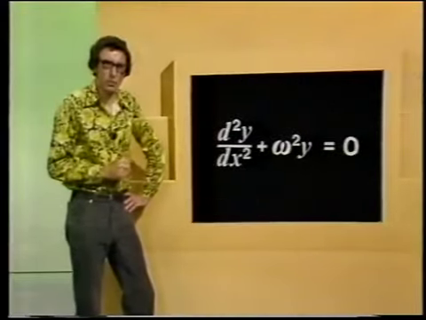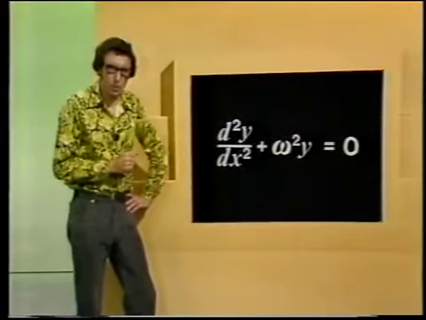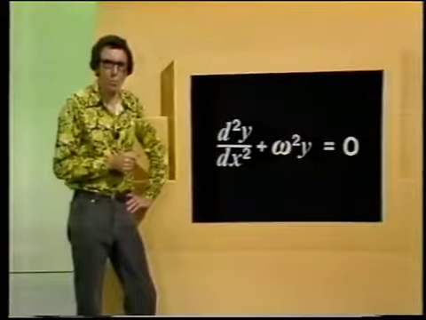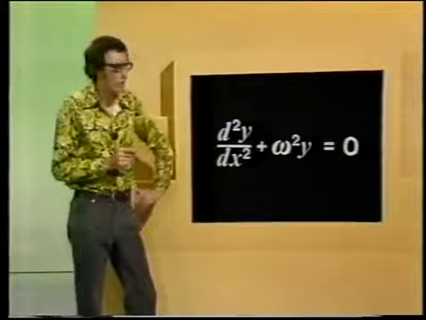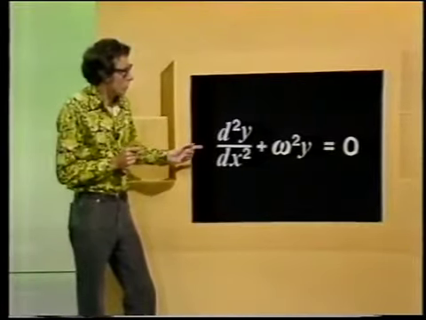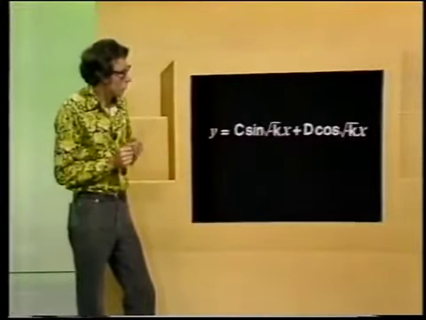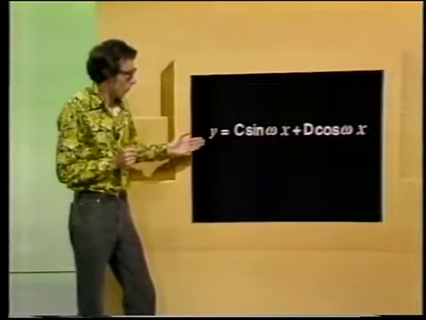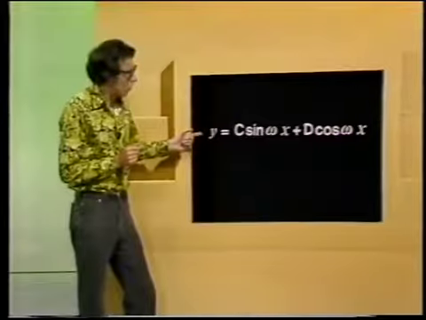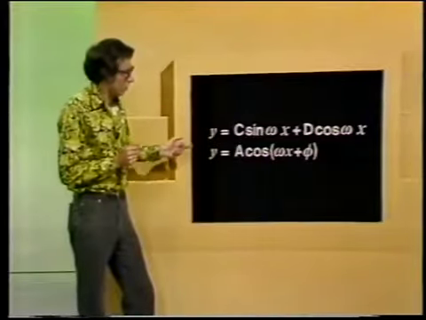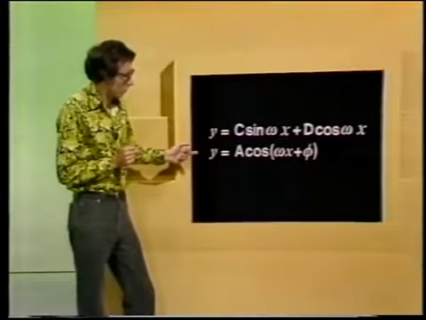I want to look a bit further at this, so to simplify the algebra, I'll replace k by minus omega squared. When we do that, we're solving this differential equation. The general solution will now take this form. That's a combination of sinusoids, so it can also be written as a single sinusoid, like this.